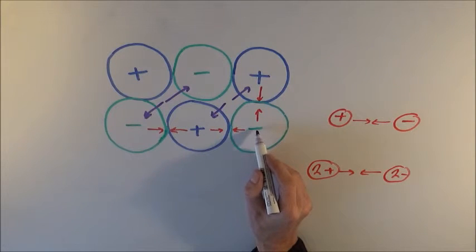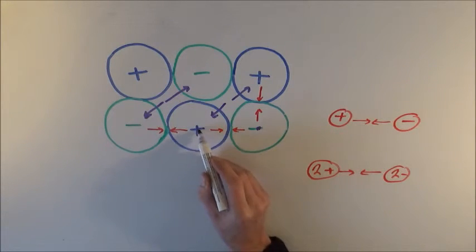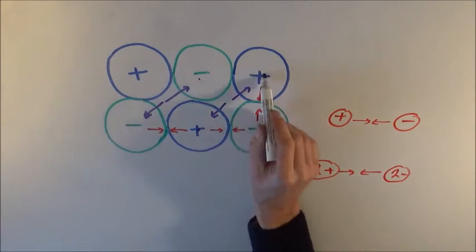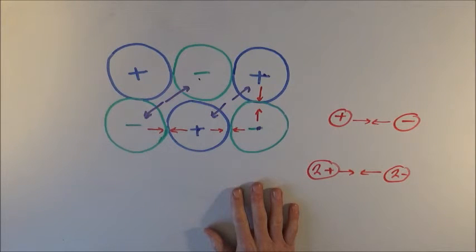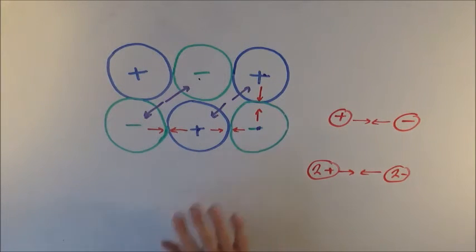So you need to know the distance from the centre of this ion to the centre of this ion, and this one and this one. So there's quite a lot of trigonometry in there. But based on that, it's possible to work out the lattice enthalpy, the strength of the ionic bonding in an ionic compound, but it considers the bonding as being only ionic.